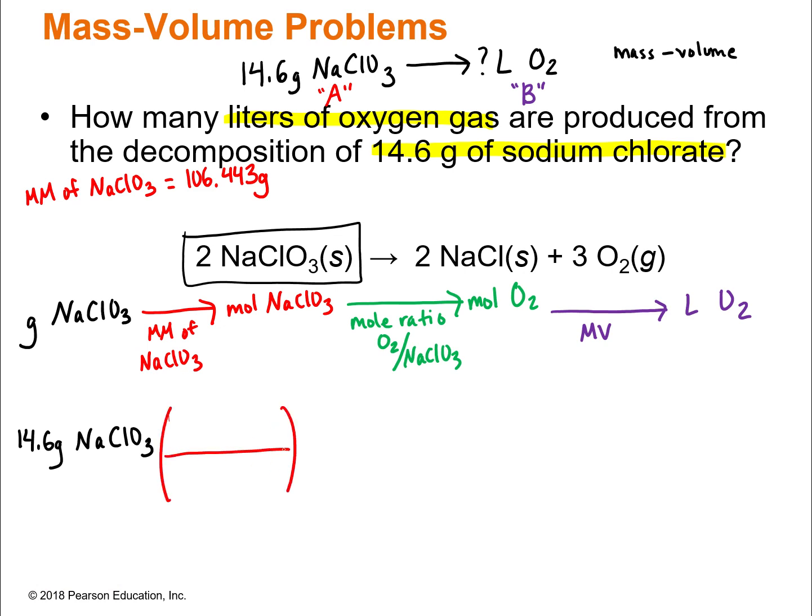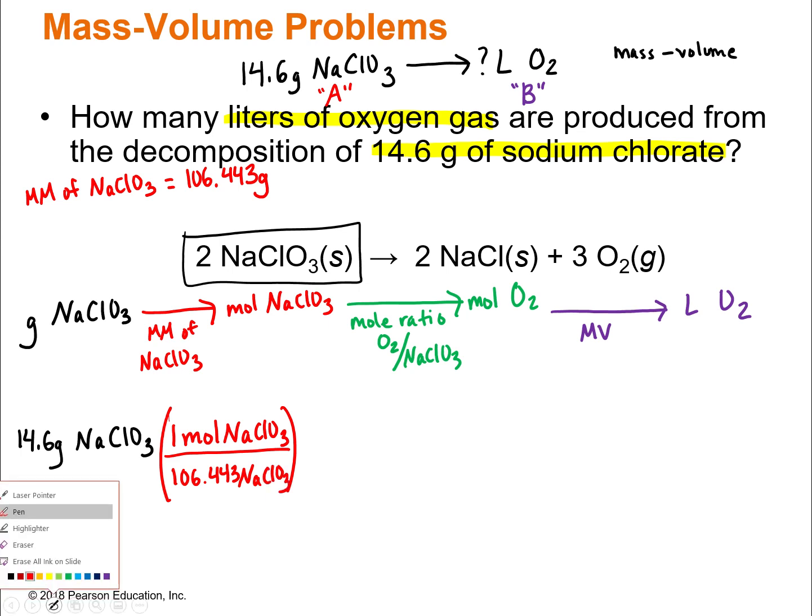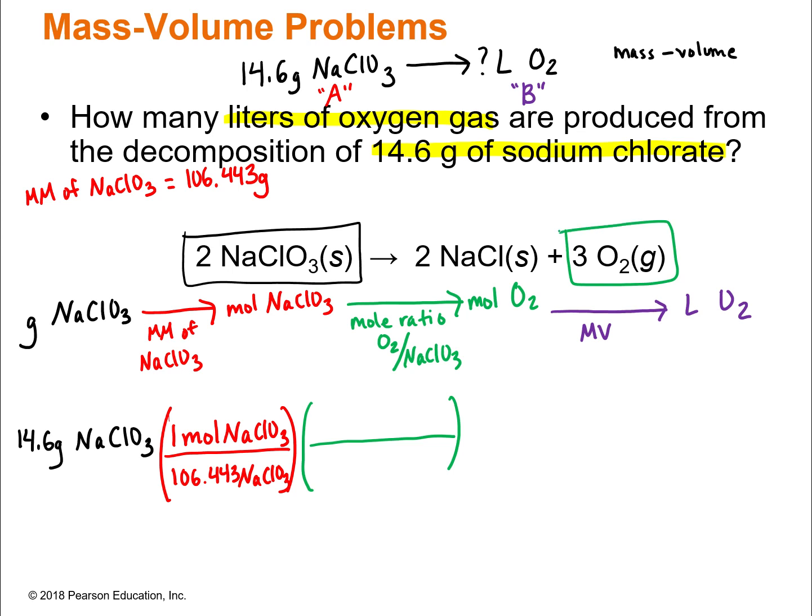First unit factor, we've got moles on top. Grams on the bottom. Second unit factor is our mole ratio. Moles of oxygen gas goes on the top, and there's a 3 there.